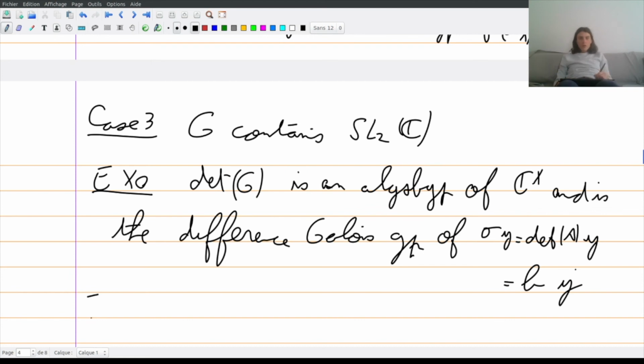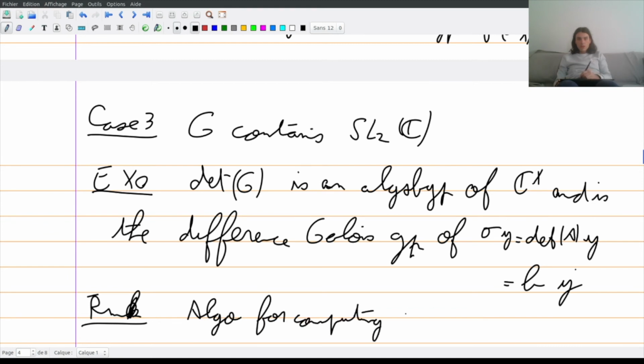So remark that an algorithm for computing the Galois group of an order 1 equation exists.